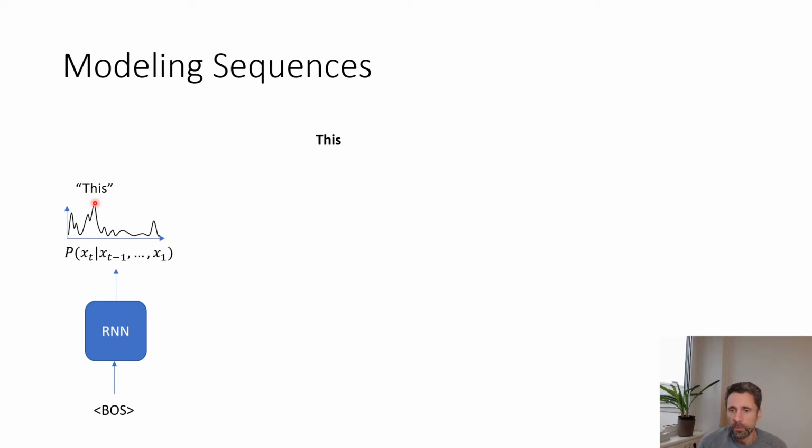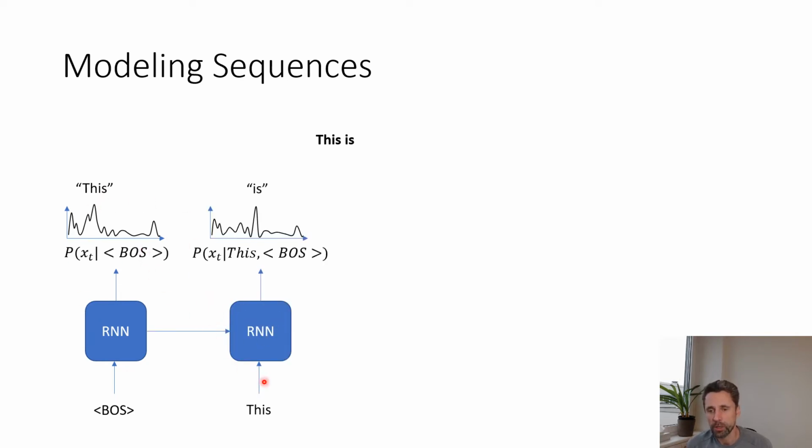And then for the next step, we can condition the same network on the previously generated word, and then we can generate the next word in the sentence, right?